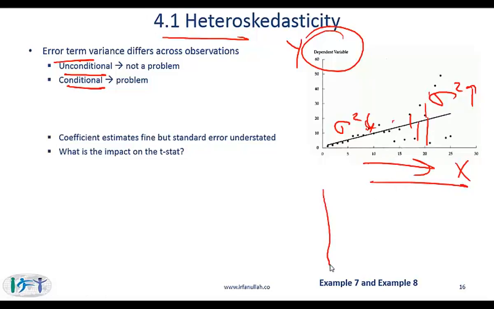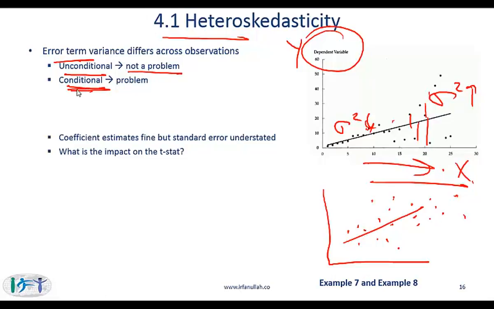In other words, sometimes the variance is low, sometimes high, then it is low for a while, then it might be high. So the variance changes, but there is no relationship between the change in variance and the independent variable. So this is unconditional. This actually is not a problem.